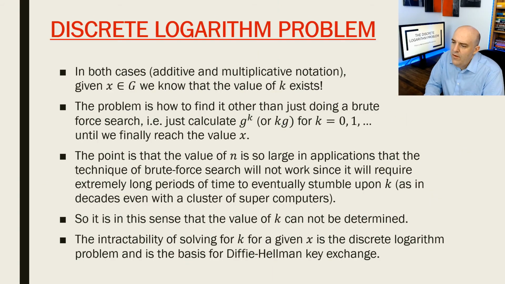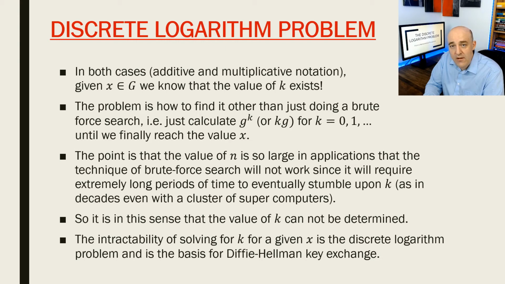Now, remember that we always know k exists, right? No matter what value of x we're given, either x is equal to g to the power of k or k times g, depending on which notation we're using. And we could try to find k just by brute forcing, which means just keep trying values of k starting at 0 and 1.